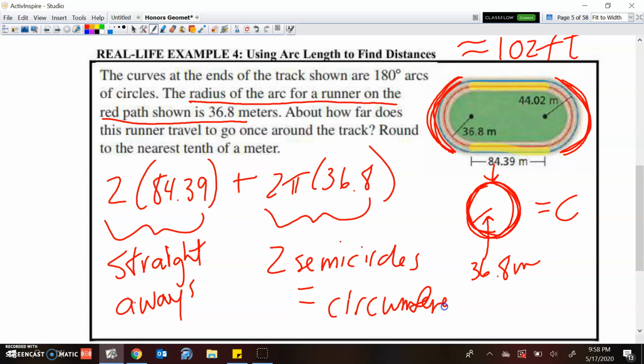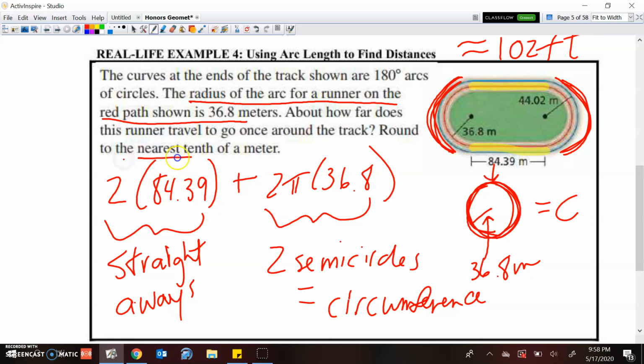So now we have all that, and I can just go ahead and multiply it together. 2 times 84.39 plus 2 pi times 36.8.